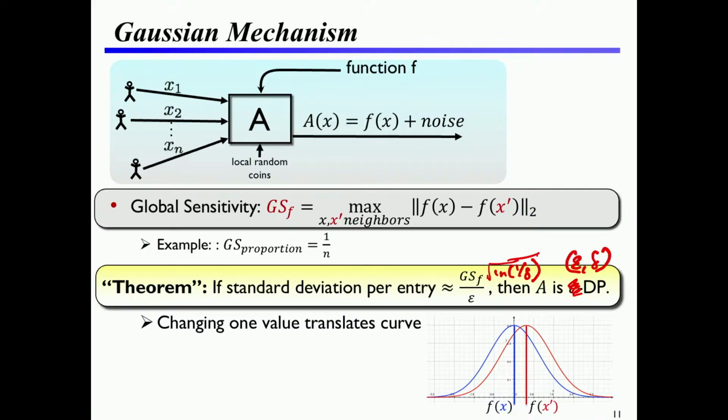They have the same covariance structure, in this case independent, isotropic, but they've been translated by f of x minus f of x prime, so by at most the global sensitivity. So I'm asking for a bound on how easy it is to tell apart two Gaussian distributions with the same covariance but different means. And that's a well understood, easy to think through question. So that's the basic mechanism.